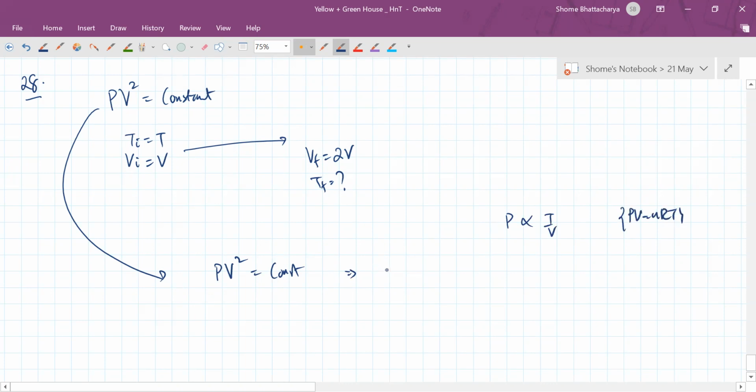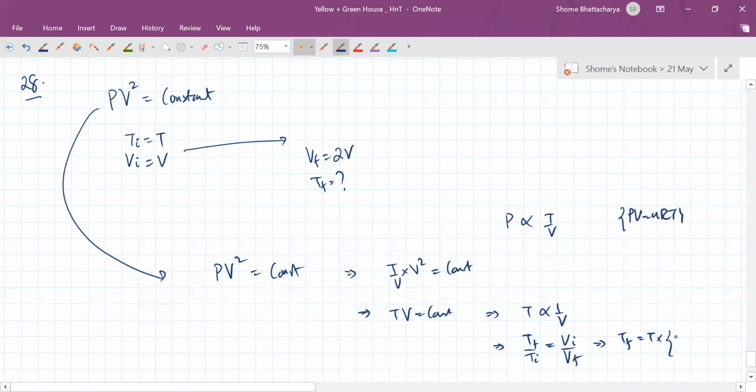So that means T by V into V square is constant. That means temperature into volume is constant, or temperature is inversely proportional to volume. So final temperature upon initial temperature is initial volume upon final volume. So final temperature will be T multiplied with V by 2V. So it should become half.